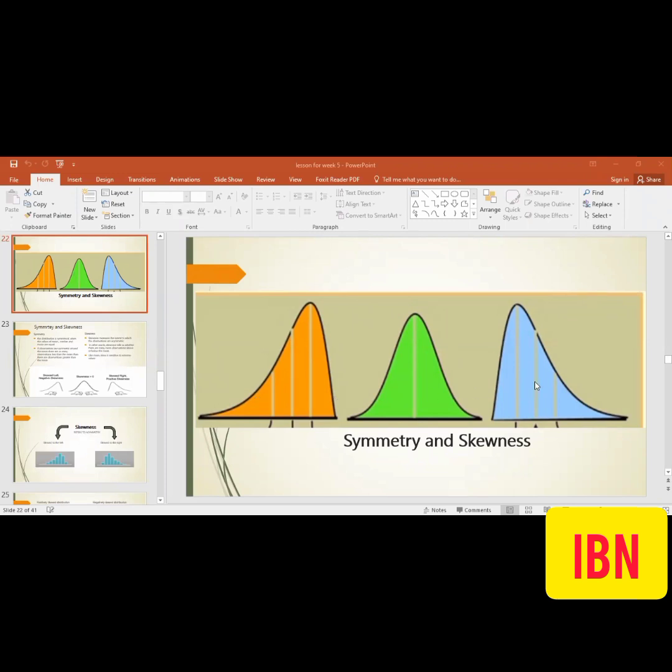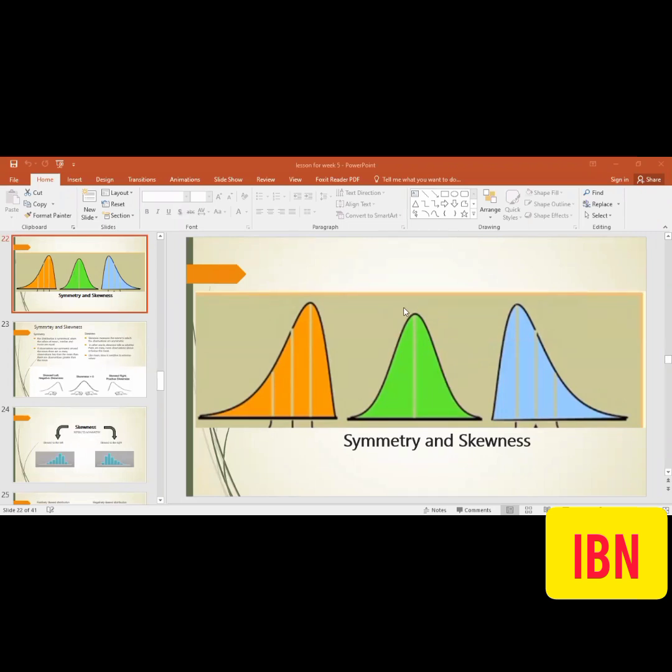In the positively skewed distribution, the mean, median, and mode have the relation: mean is greater than median is greater than mode. Whereas in the negatively skewed distribution, the mean is less than median is less than mode.